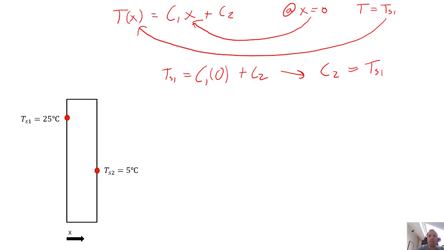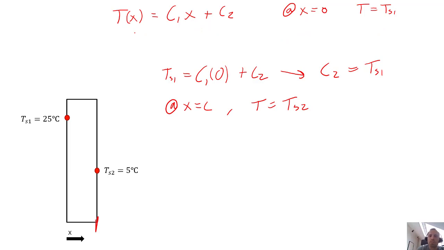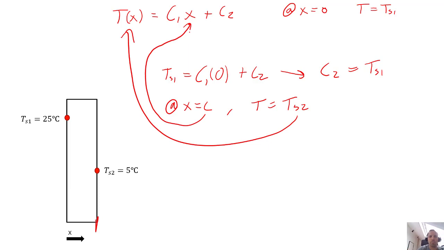Okay, so now let's look at our next boundary condition, which states that at x equals L, T is equal to TS2. So now we're going to do the same thing, and we'll just plug in TS2 for temperature, and we'll plug in L for x. So we get TS2 is equal to C1 times L plus C2.